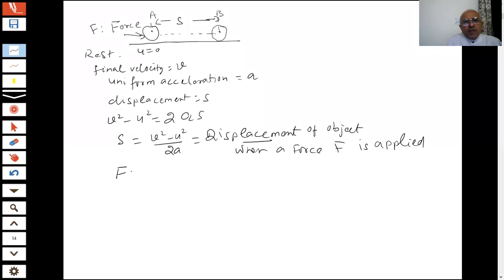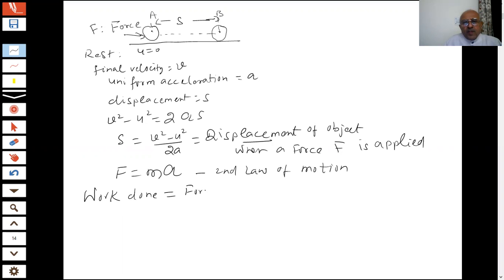And you know, sir, what is the formula? Force is mass into acceleration, students. Force is mass into acceleration. Second law of motion. We studied that in the chapter of motion. Yes or no? Then what is the work done? What is the work done when the object moves from point A to point B?